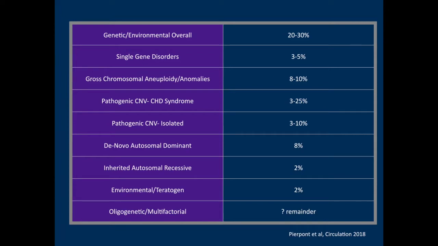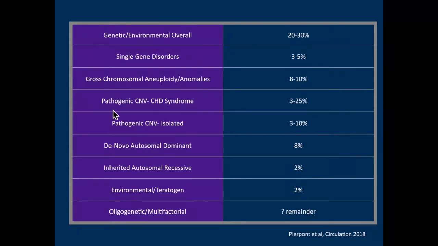A genetic or environmental defect overall probably accounts for 20 to 30% of disorders, but it can shake down with these other additional findings, with single gene disorders in the range of 3 to 5%, gross aneuploidy or structural chromosome anomalies 8 to 10%.